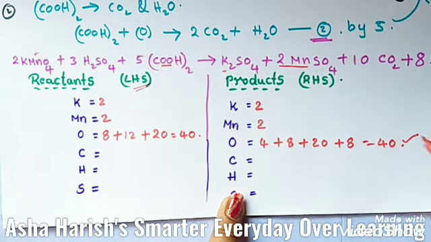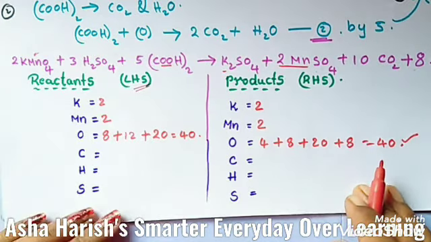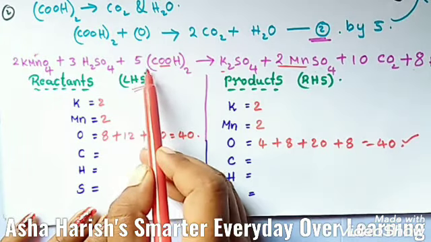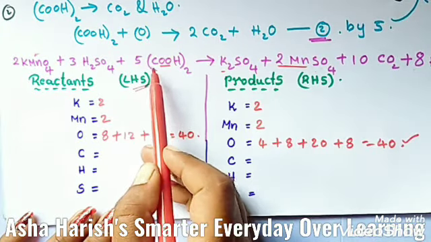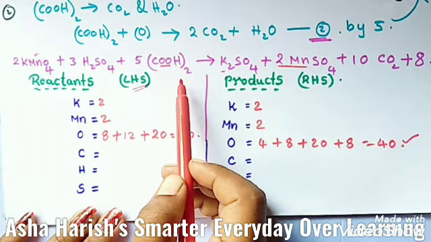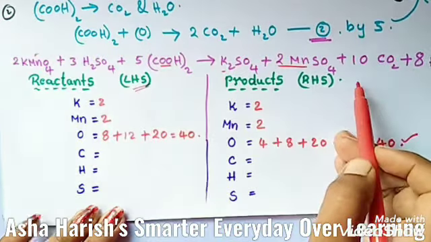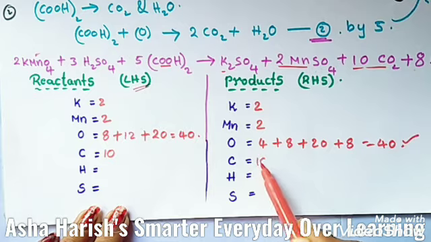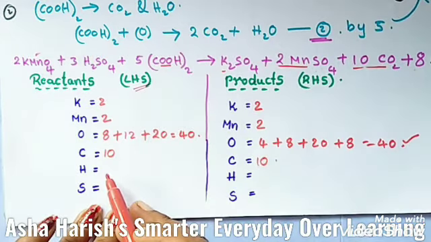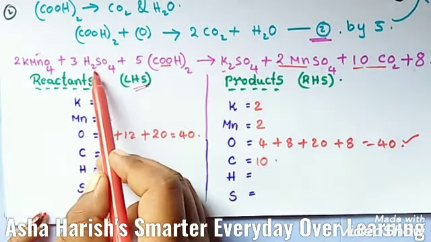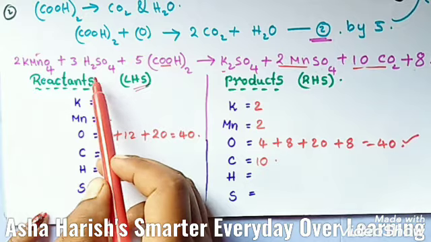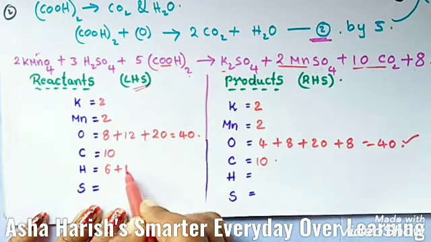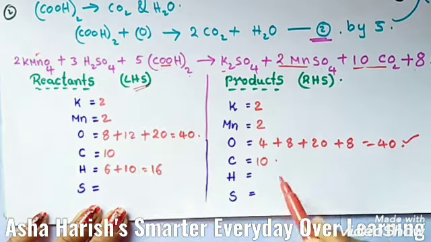So oxygen is also balanced. Now coming to carbon atoms, here you can see 5 carbons, 2 means 10 carbons, and here you can see 10 directly, 10 carbon atoms. So carbon is also balanced. Now what about hydrogen? Let's see now. Here 3 twos 6 hydrogens, and here 5 twos 10. 6 plus 10, 16 hydrogen atoms.